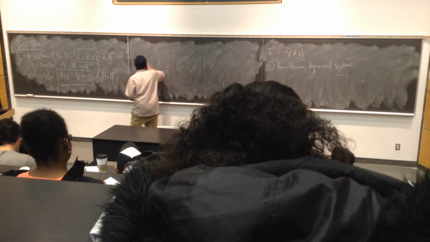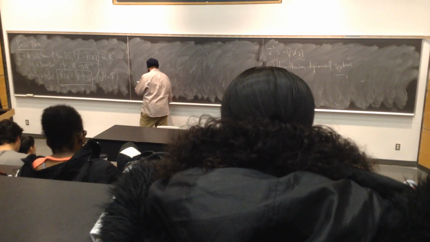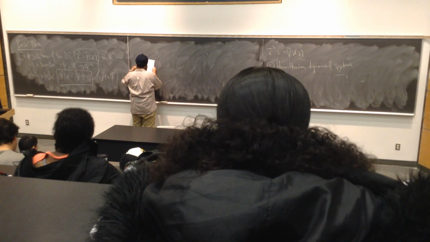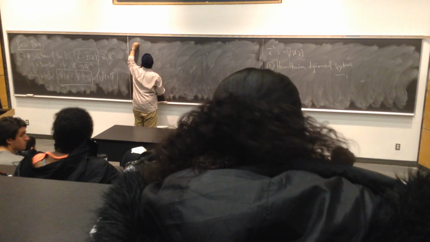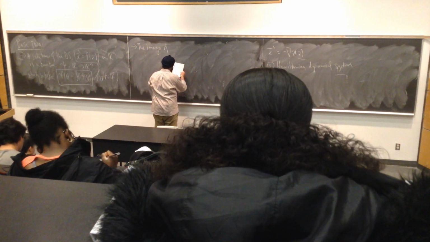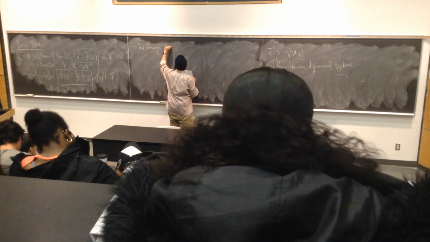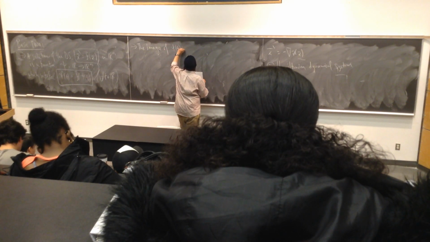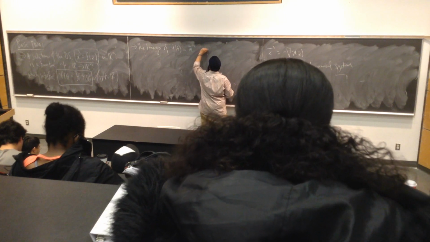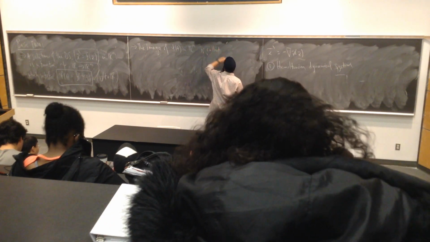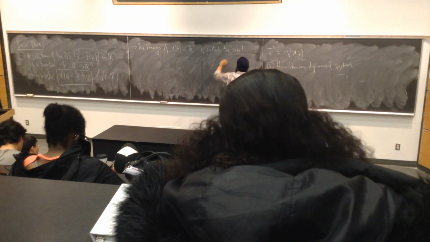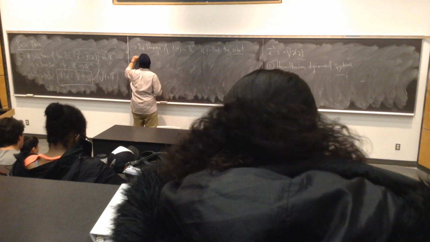What else can we say? And further, the image of psi of t in R^n is what we call the orbit of the dynamical system.